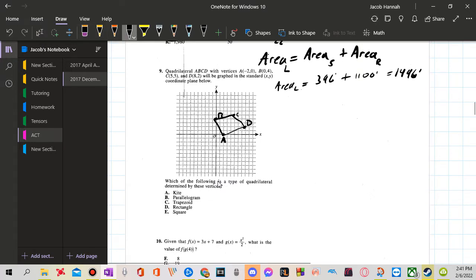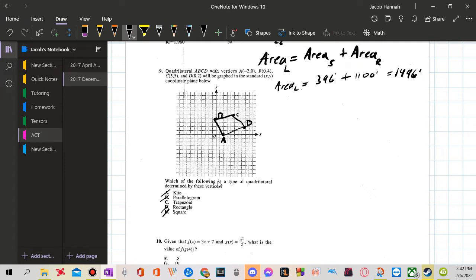Okay. So this is the shape that we got. A square has all the sides the same. A rectangle has two pairs of sides that are the same. A kite is not really a defined shape. A parallelogram has two pairs of sides that are the same.